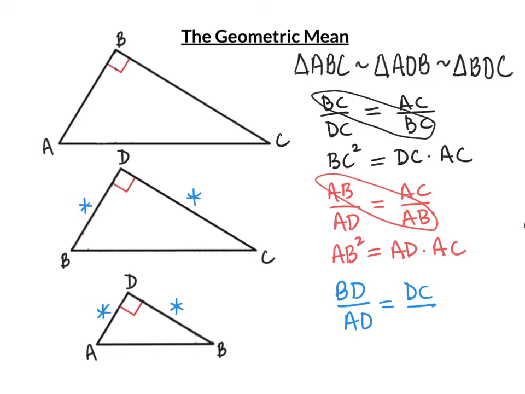The order you put the letters in your segment makes no difference, but I'd rather write BD instead of DB. You'll see why if you look. It's to make it a little more obvious when you multiply. Those two are the same. Whether you write BD or DB doesn't matter. It's still BD times BD, which is BD squared, equals AD times DC.